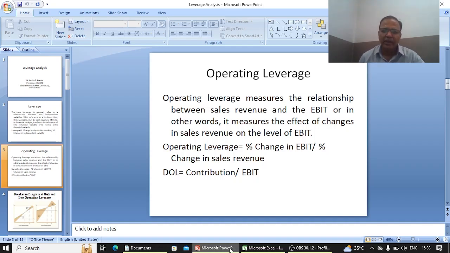Now, what is the implication of operating leverage and financial leverage?